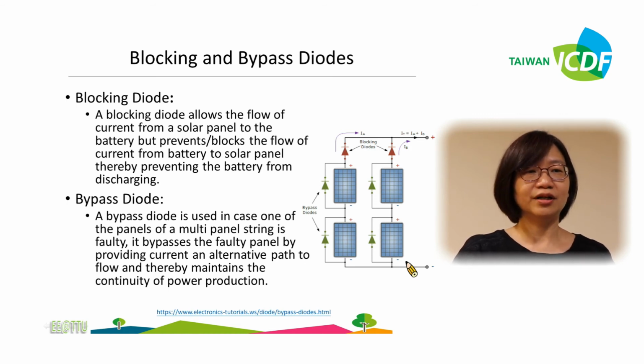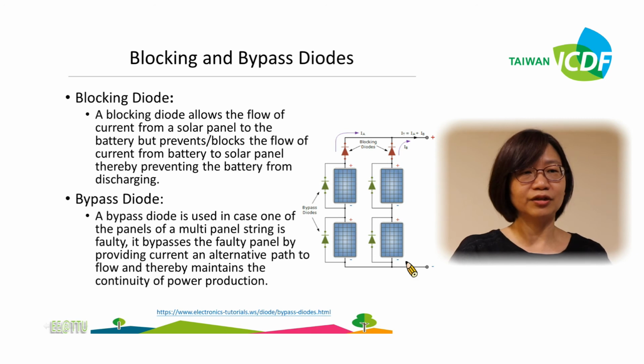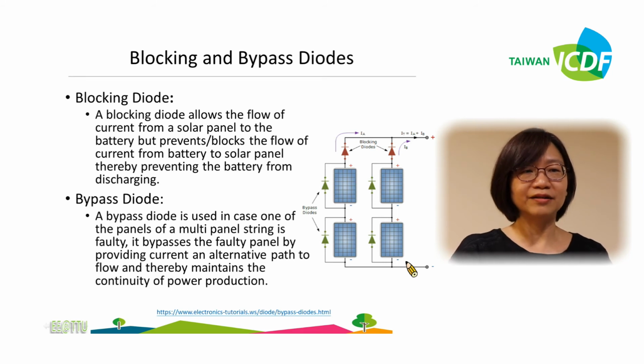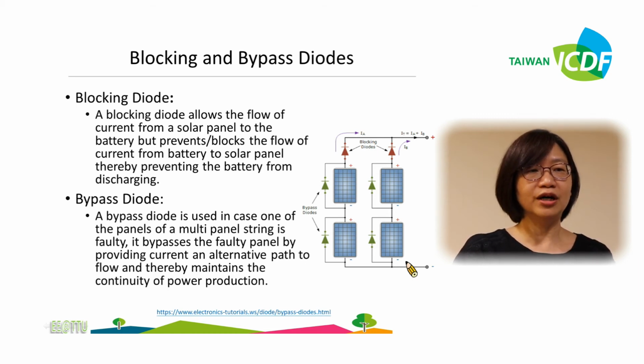A bypass diode is used in case one of the panels of a multi-panel string is faulty. It bypasses the faulty panel by providing current an alternative path to flow, and thereby maintains the continuity of power production.